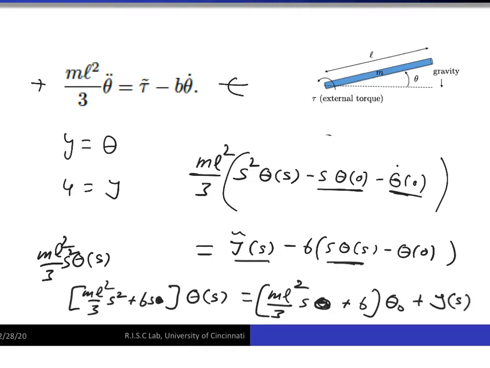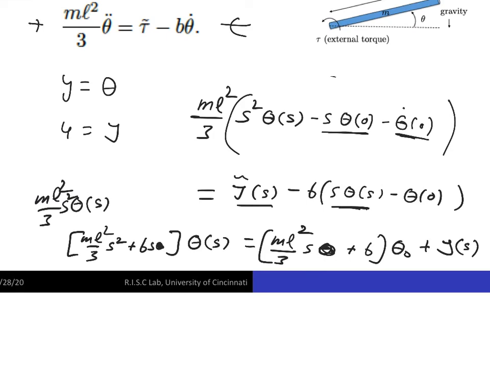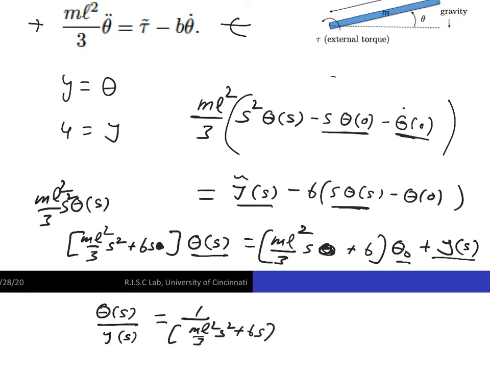So now if you see this, what I'm saying is that we have to find a ratio. One transfer function will be with respect to theta s and tau s, right? And then there can be one transfer function with respect to theta 0, so there will be two transfer functions here. One will be theta s over tau s, which is the output versus input, which is equal to 1 over mL square by 3 s square plus b s, right?